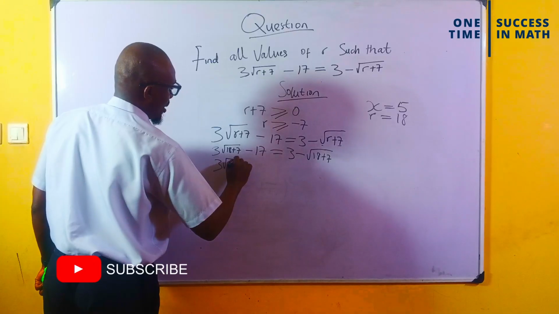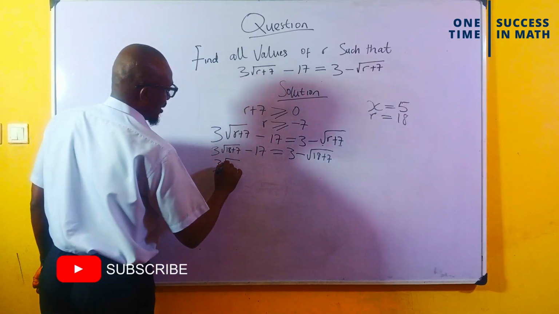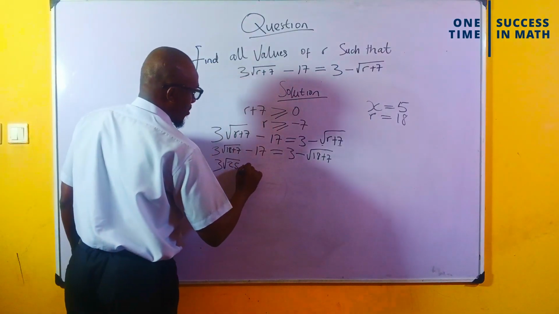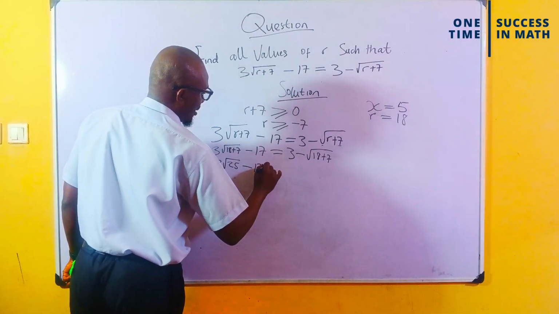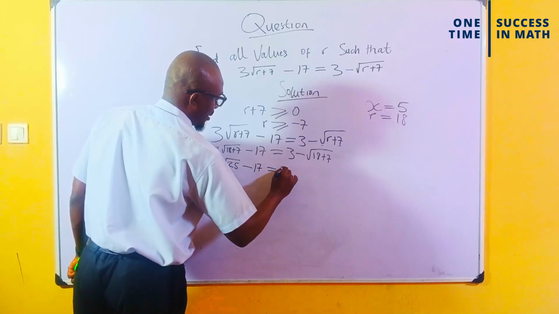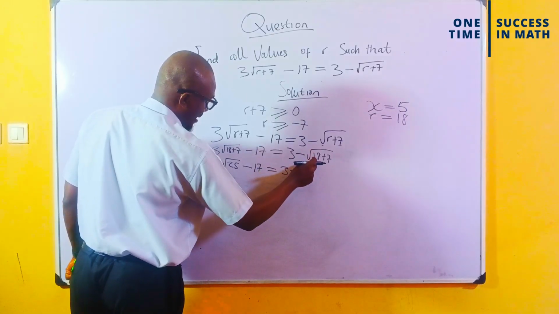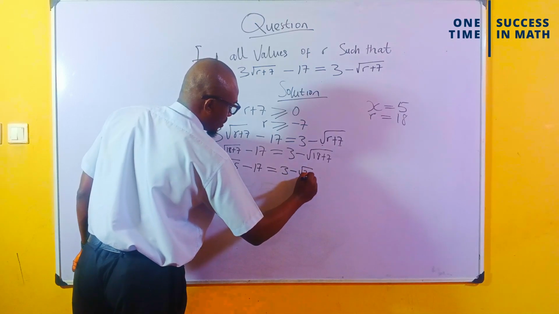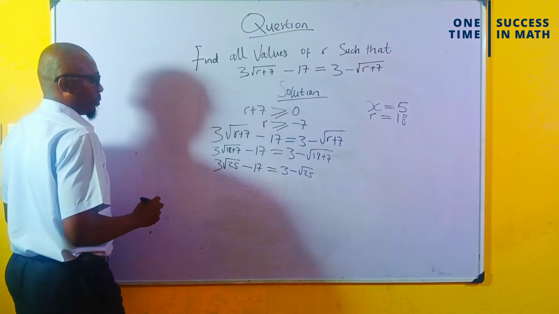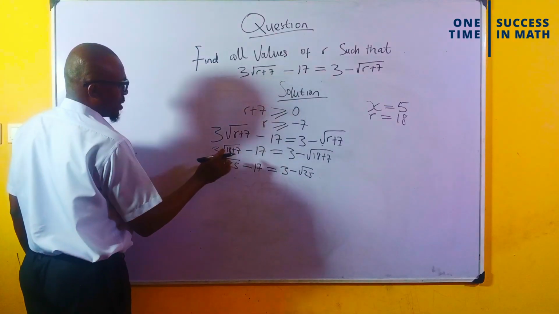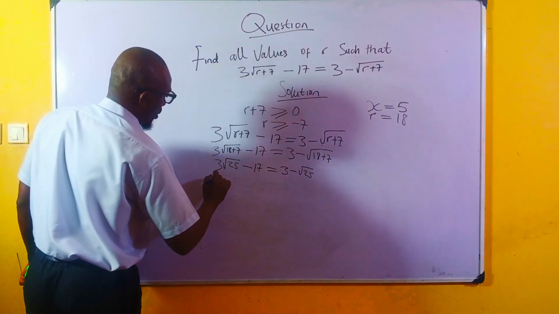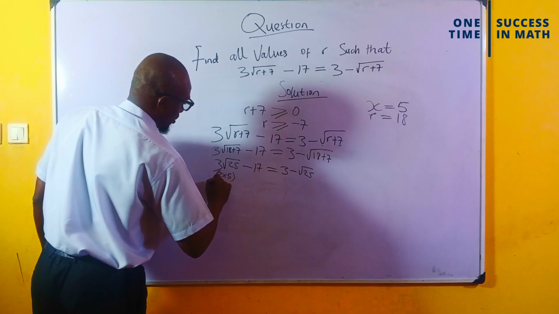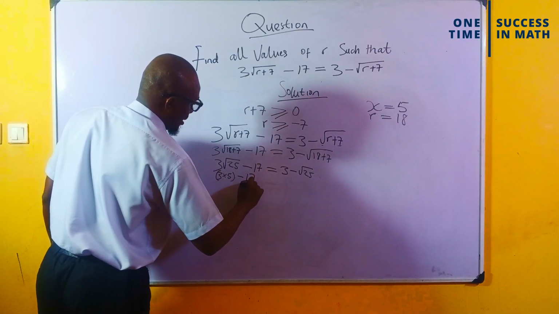3 root 18 plus 7 is 25 minus 17. Is it equal to 3 minus root of 18 plus 7, which is root 25 also? We already know that root 25 is 5. So this is 3 times 5 minus 17.